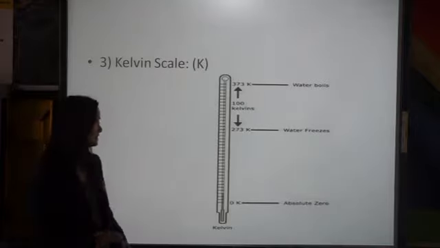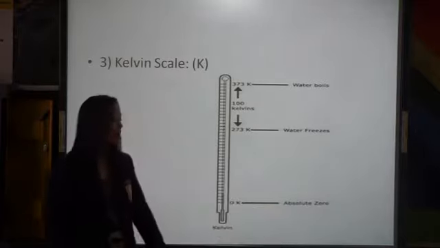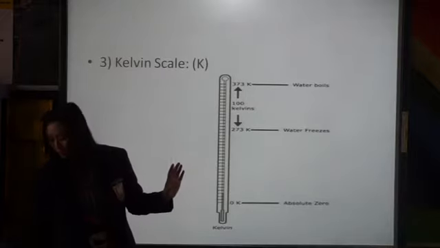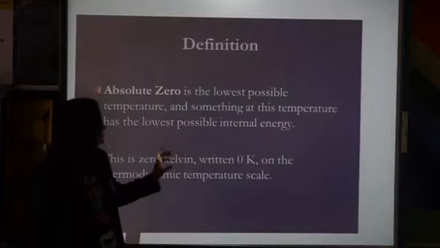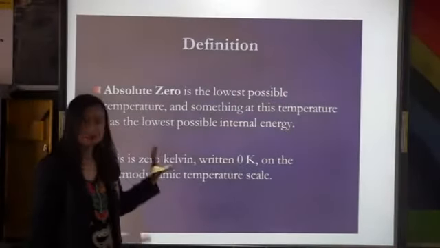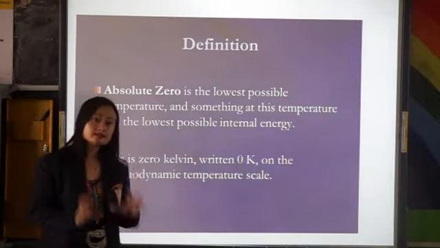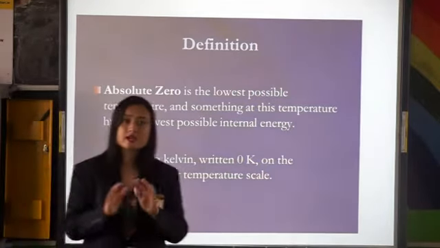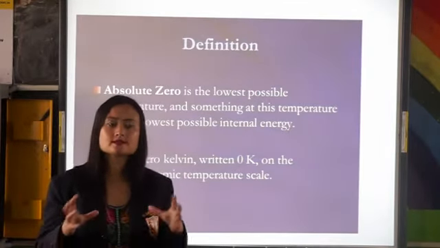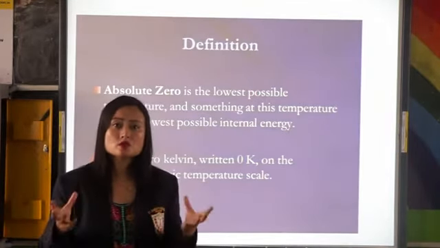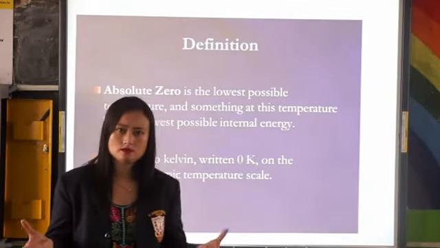Now there is a temperature which is called absolute zero. What do you mean by absolute zero? Absolute zero means the lowest temperature. It is considered to be the lowest temperature existing, at which the motion of the particles ceases, that means they do not move at all.